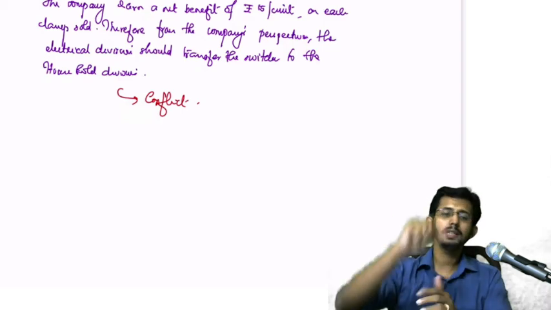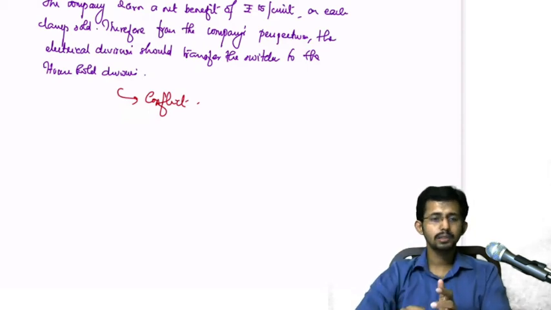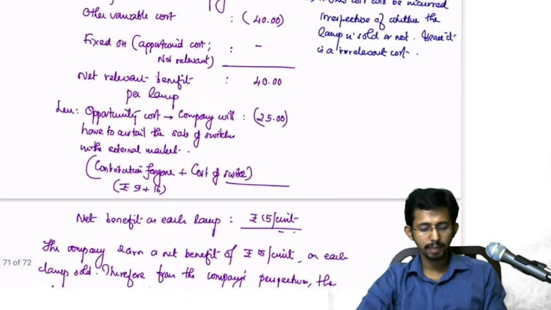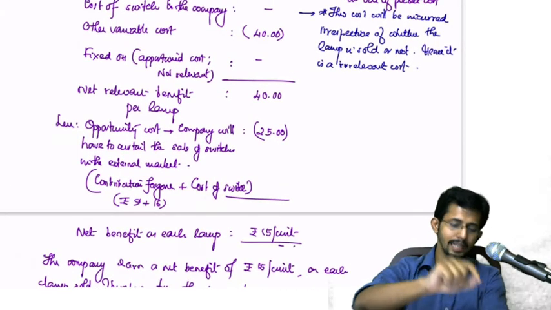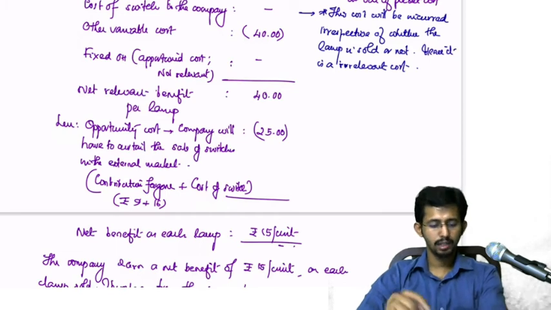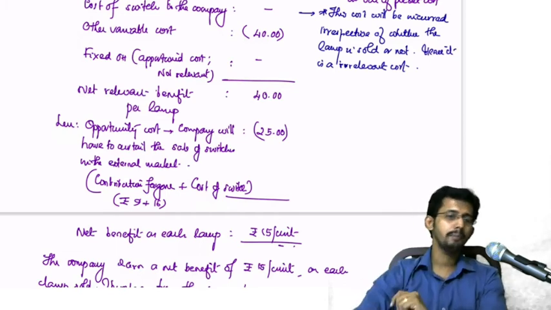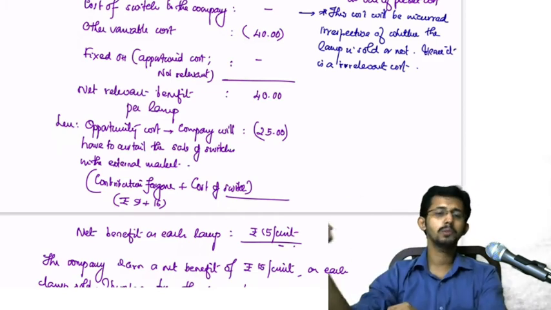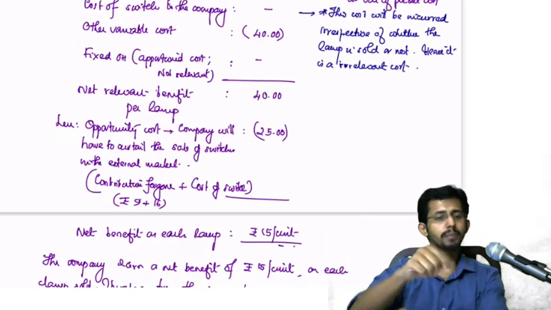Now the company is seeing, when each lamp is sold, it is getting a net benefit of 40 rupees. For selling each unit of lamp, they will have to forego one unit of sale of switch. But on selling one switch, they will get a gain of 25 rupees only.